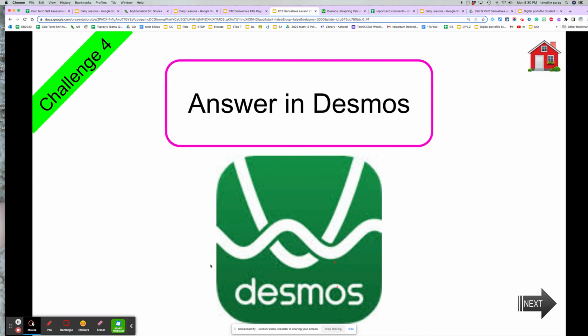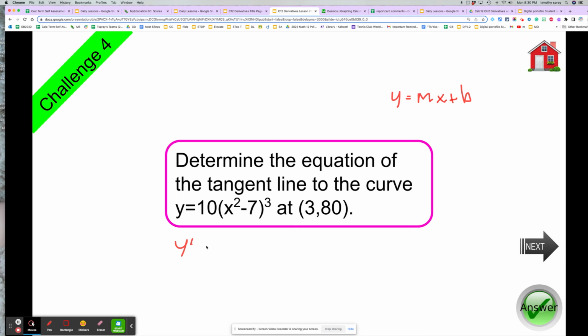So let's get back to it. What we're going to do is take the derivative here, and the derivative would be 30 times (x squared minus 7) to the power of 2. That's a 7 there. And then we're going to multiply it by 2x. That's the derivative.